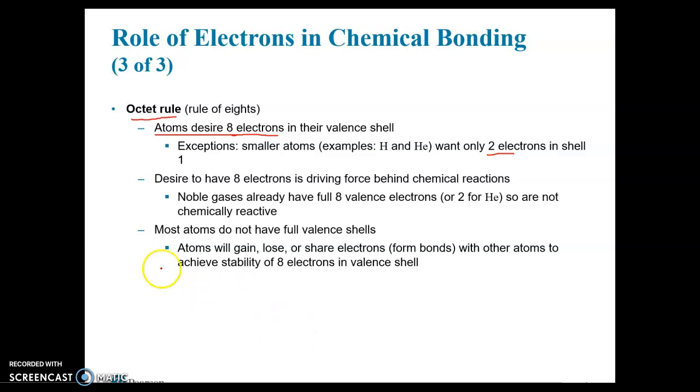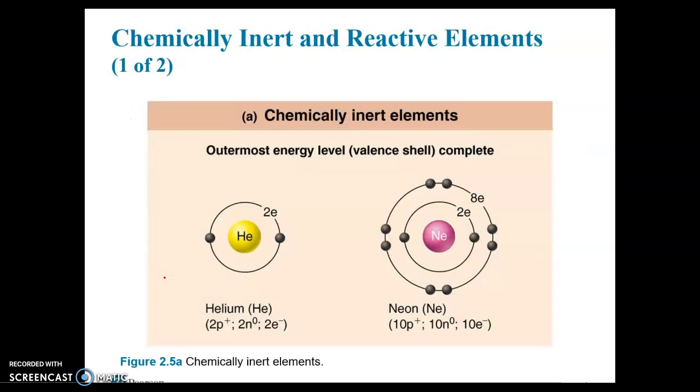And this is important, so I'm going to put an asterisk here. Most atoms do not have full valence shells. Atoms will gain, lose, or share electrons with other atoms, and this causes a bond to form to achieve stability of 8 electrons in the valence shell.